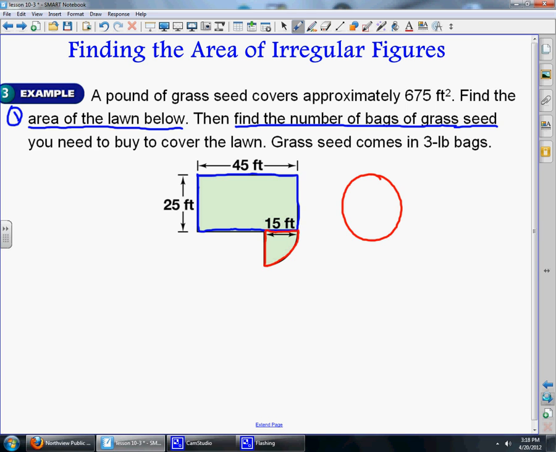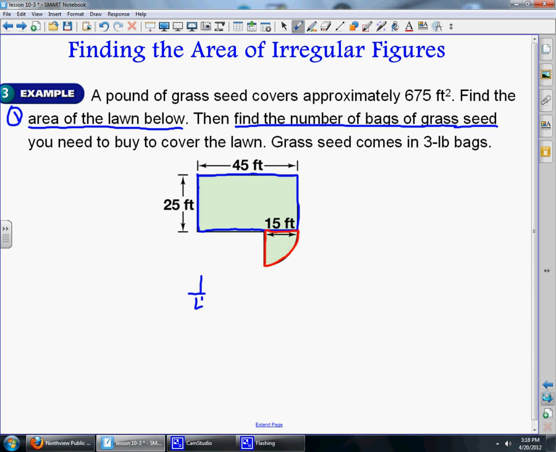Here's a circle. We divide it in half. We divide it in half again. And what do we end up with? We have a quarter. One section is a quarter of a circle, just like we have over here. So to find this area, what we need to do is find the area of the circle and then divide it by 4 because it's 1/4 of a circle.